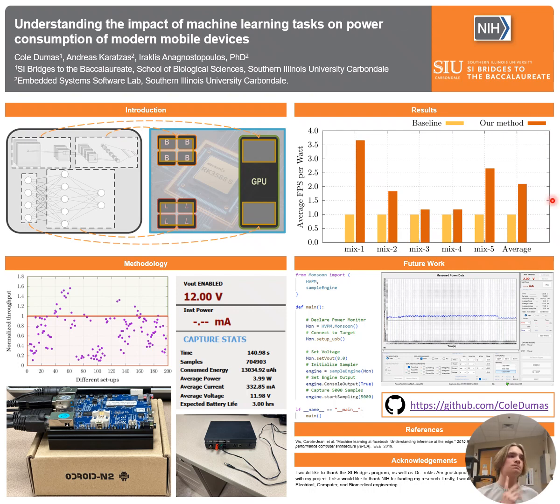Think of it as trying to play 4 videos at the same time or run 4 applications at the same time. They're obviously not videos, but that is an analogy I'm using to compare these. We ran 4 in each, and as you can see, every test that we ran performed better than the baseline, where it was just going to the GPU.